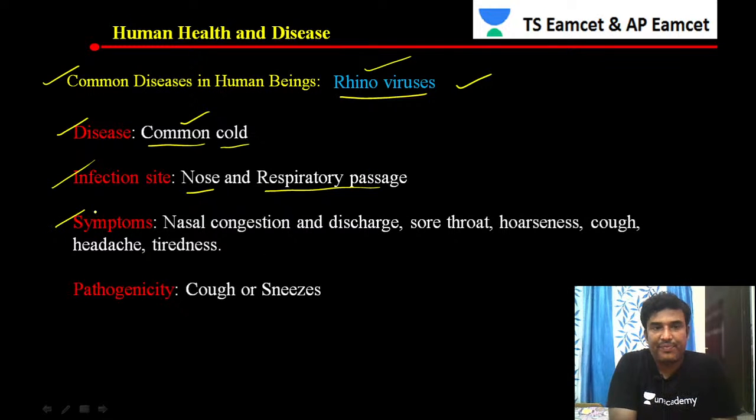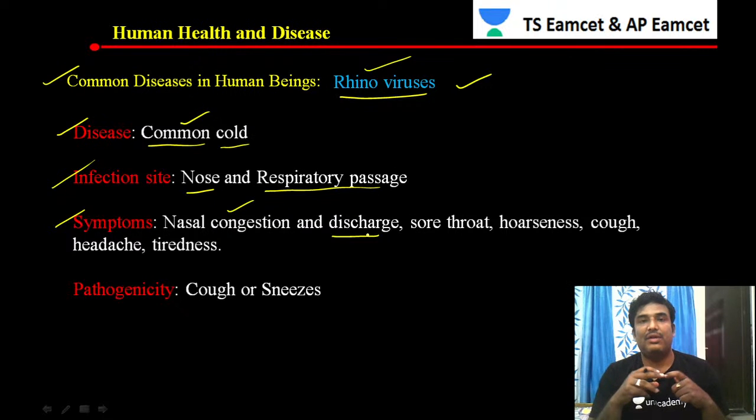Then if you see the symptoms, the person who is suffering with this common cold has nasal congestion and discharge. Certainly we can observe the person releasing discharge from the nose.